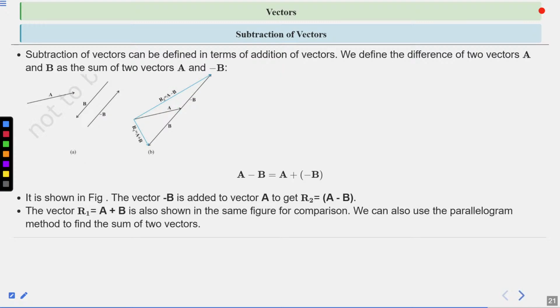And suppose we have two vectors, A vector and B vector. In that case, the resultant vector is A vector plus B vector. Clear?